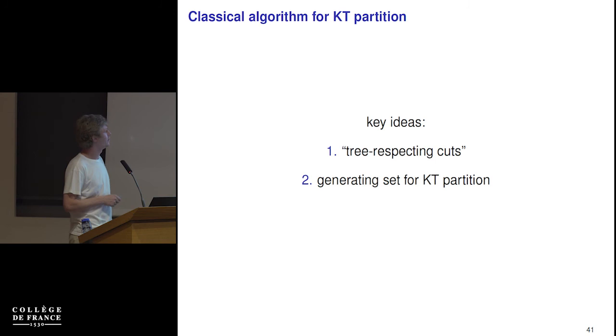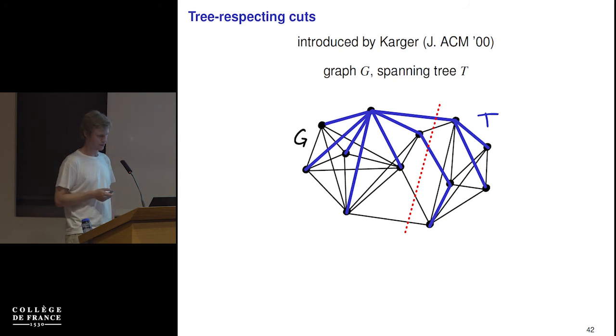So what are the key ideas here? One of them is a concept called tree-respecting cuts, and then another is a sort of generating set for KT partitions. So what is this concept of tree-respecting cuts?